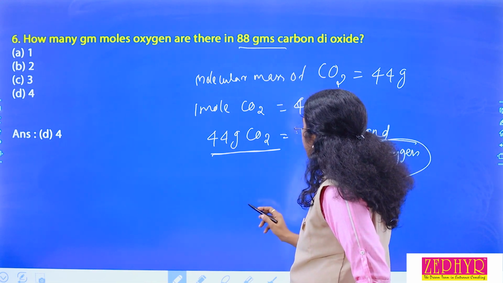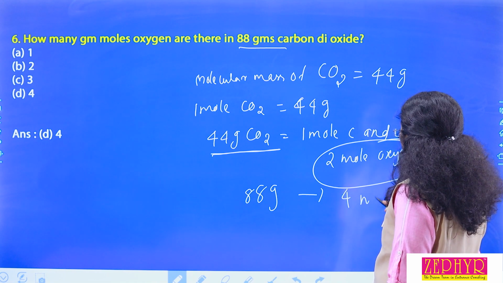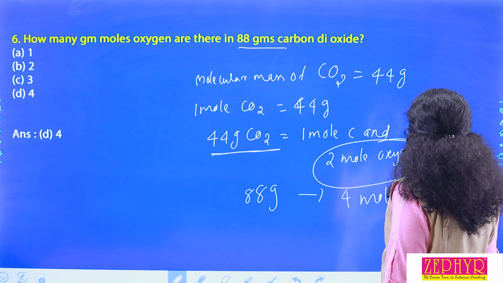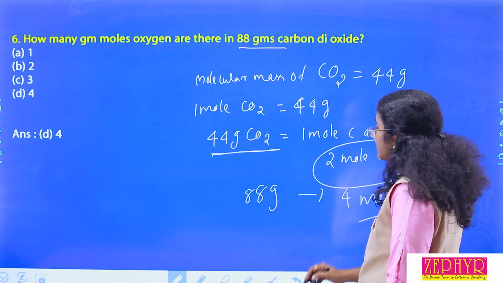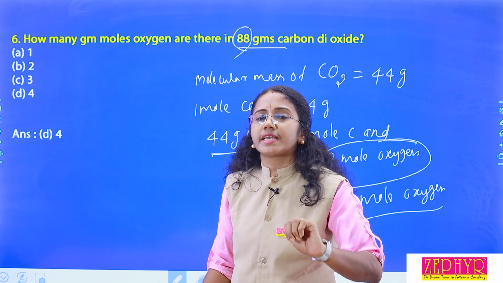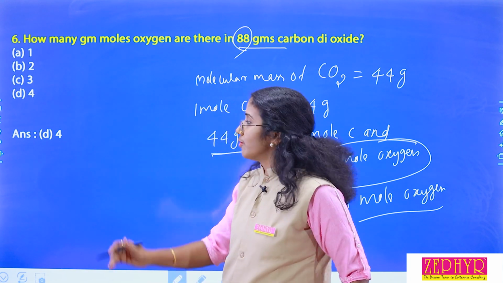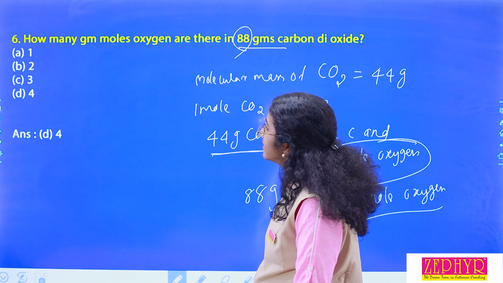What about 88 gram? It's simple, right? 88 gram contains 4 mole oxygen. 44 gram carbon dioxide contains 2 mole oxygen, then 88 gram contains 4 mole. Option is D.